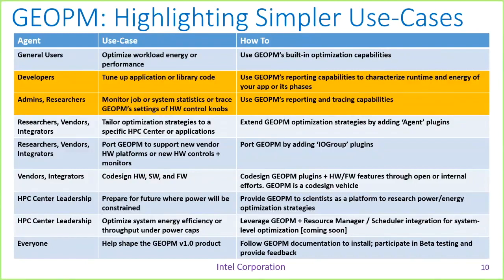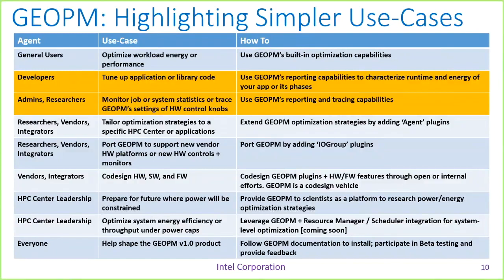That can be really helpful if you're looking to tune your application for better energy efficiency or performance in future power constrained systems. And so, you can leverage GEOPM's reporting capabilities for that, independent of optimization.